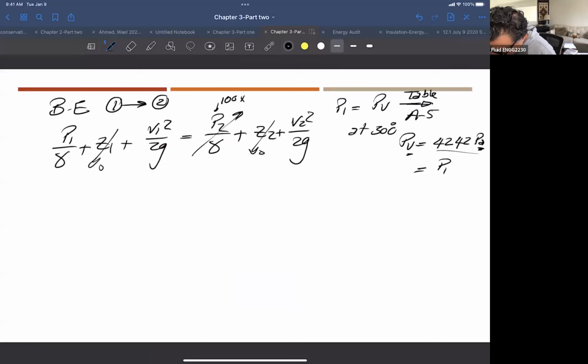So 100 times 10 to the power 3. Gamma is 9810. Okay, so I will have to do this. And P1 here is 4.242 kilopascal, so 4242, and gamma of the water is 9810.